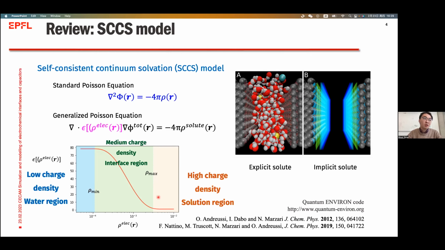In the middle we have a continuum model that builds the dielectric constant as a function of the charge density.